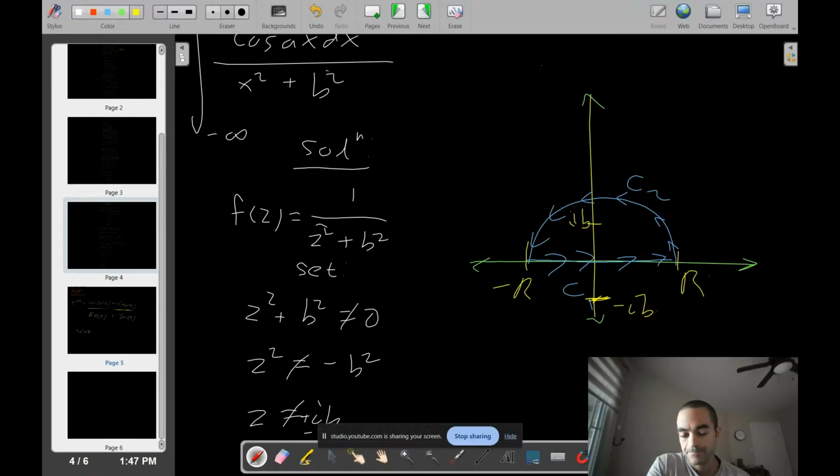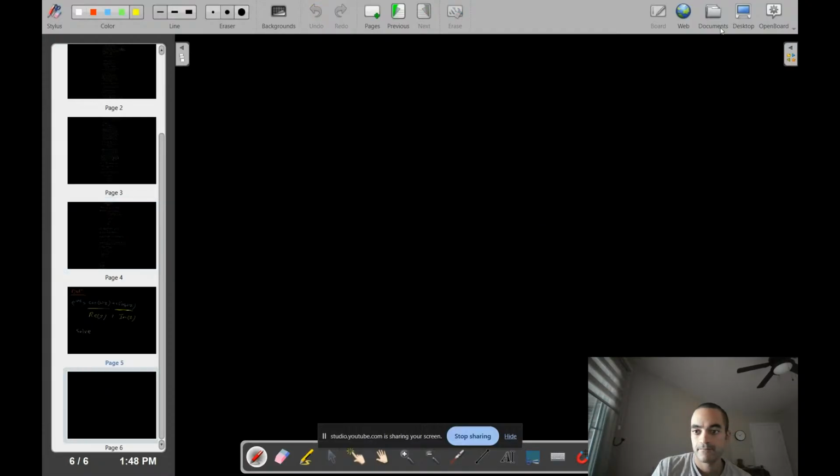An isolated singularity is a singularity that is somewhere inside of the contour that we drew, and it's not outside. It's by itself inside the contour. So this is the guy that we're looking at. So we only have one residue that we need to calculate. Makes sense?